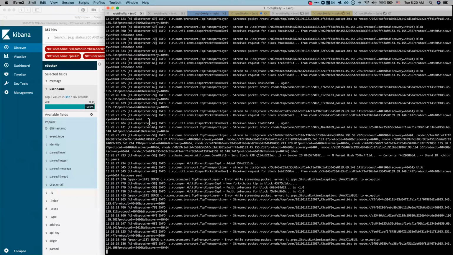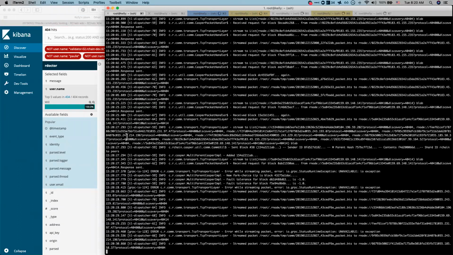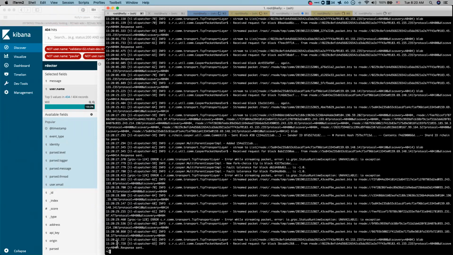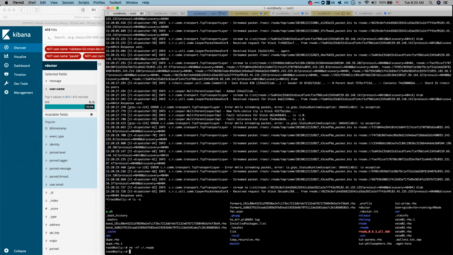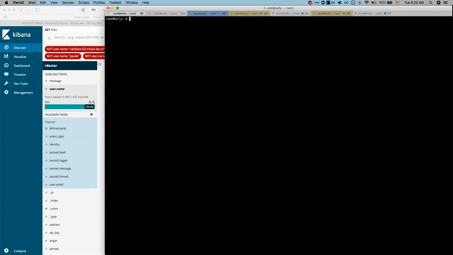All right, so I'm going to kill my node. And it does not kill gracefully. There's an issue in RNode that we're working on. Clear up my data directory. Let's make a clean screen.